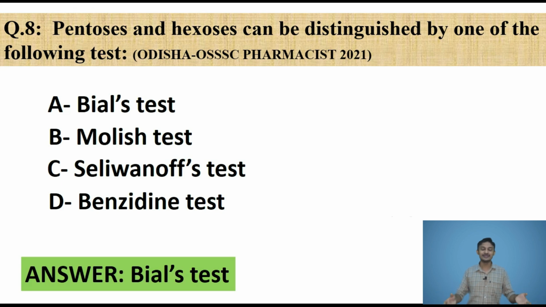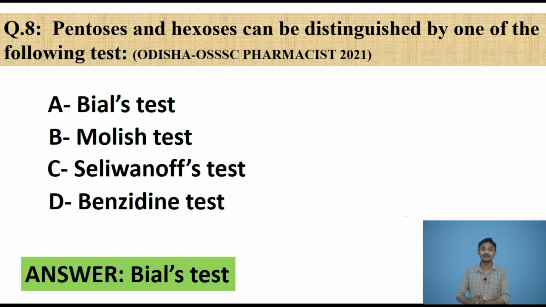Aldoses and ketoses are monosaccharides which have an aldehyde group and a ketone group respectively. That means aldose contains an aldehyde group and ketose contains a ketone group. So what are examples of aldoses and ketoses?